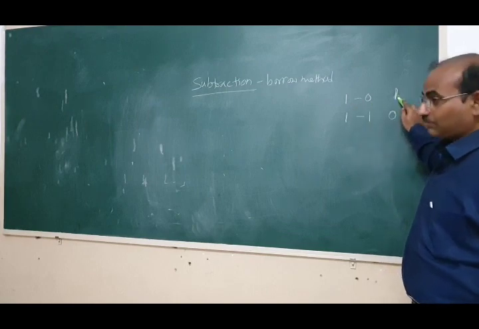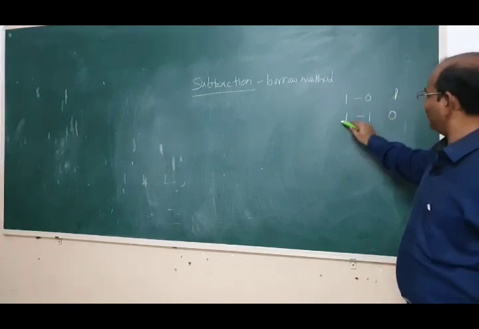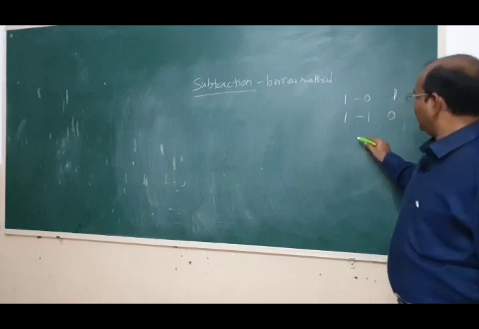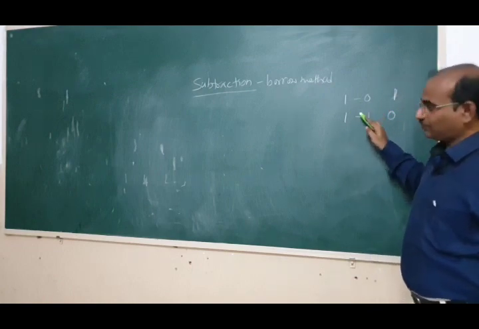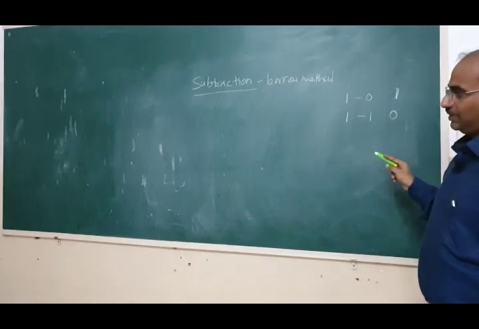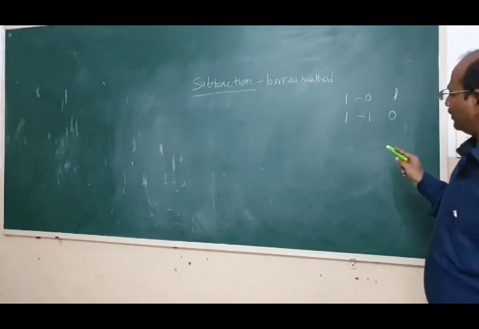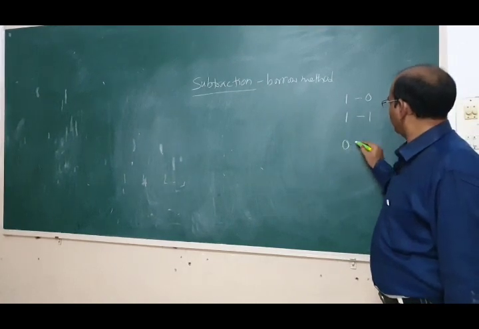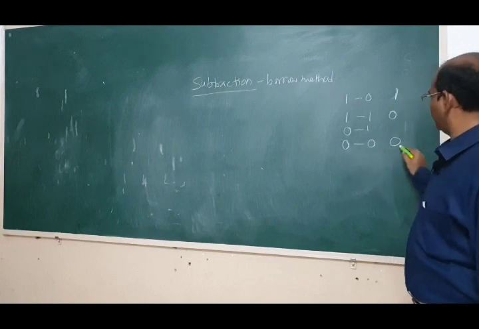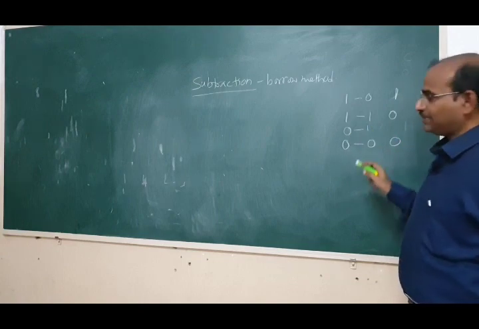Mistakenly I wrote 0 earlier, 1 minus 0 is 1. And you should get 4 combinations. One is 1 minus 0, 1 minus 1, 0 minus 0 is 0 anyway, and the important one is 0 minus 1.